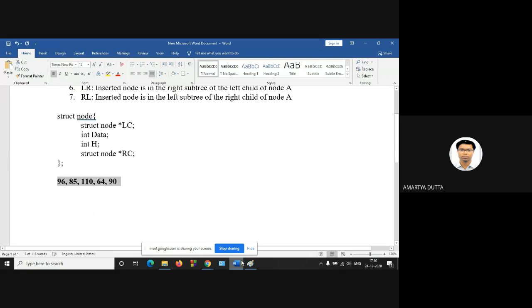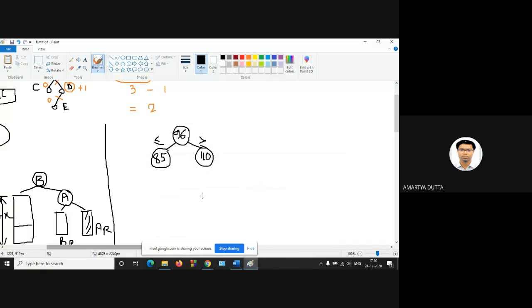Next one is 64. First scan from the root. 64 belongs to the left subtree of 96. Now scan 85. 64 is less than 85, so this is the 64.